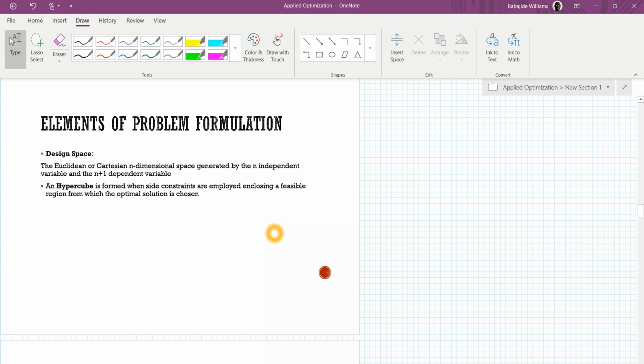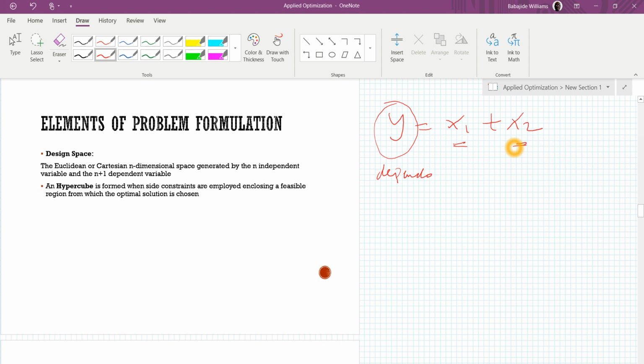The design space is the Euclidean or Cartesian n-dimensional space generated by n independent variables and the n plus 1 dependent variable. If I have y equals x1 plus x2, y here, as we all know, depends on these two independent variables.